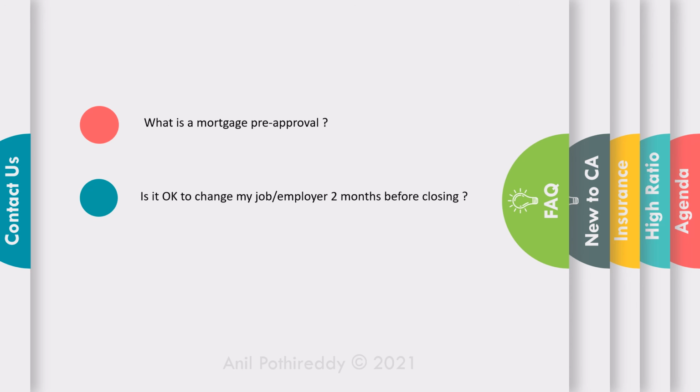For a conventional mortgage, the maximum loan to value is 80% of the appraised value, regardless of what you have agreed to pay in the sale agreement. So this is something you need to remember.